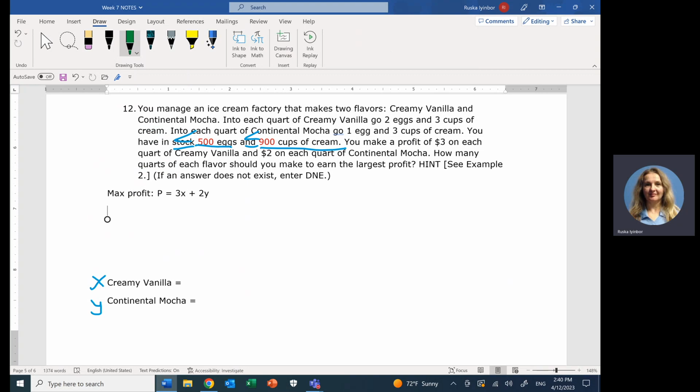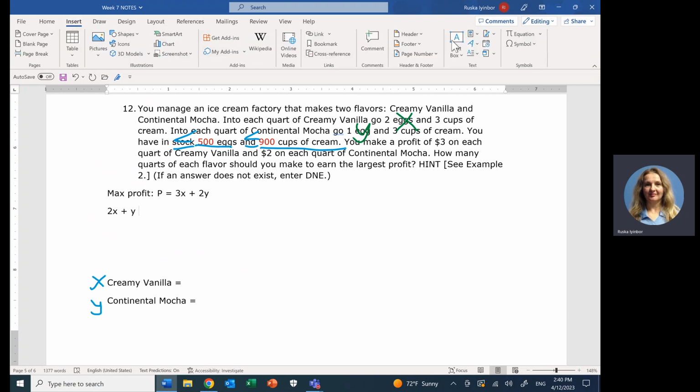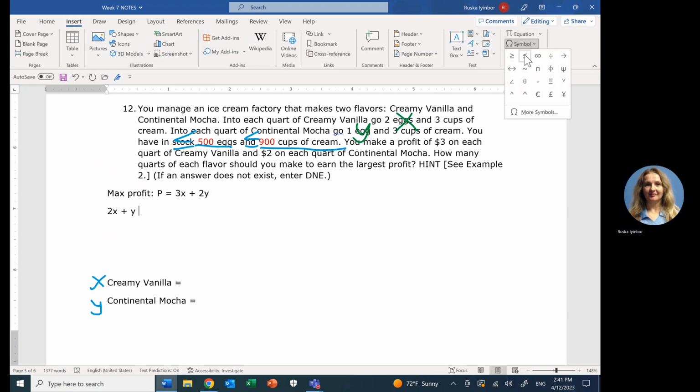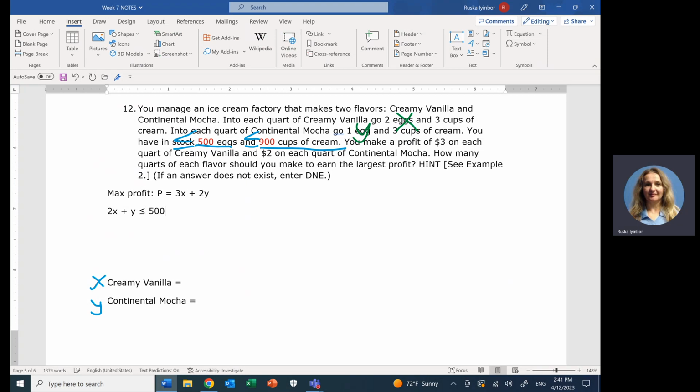For the vanilla ice cream we're using 2X plus 1Y, which has to be less than or equal to 500, because 500 is the X you have. You don't have more than 500X to use.